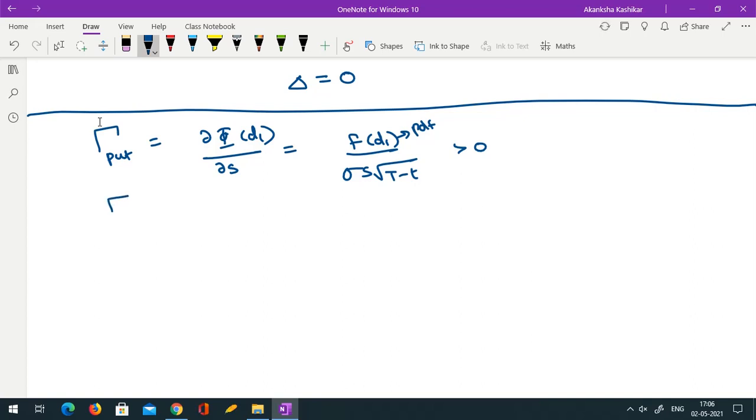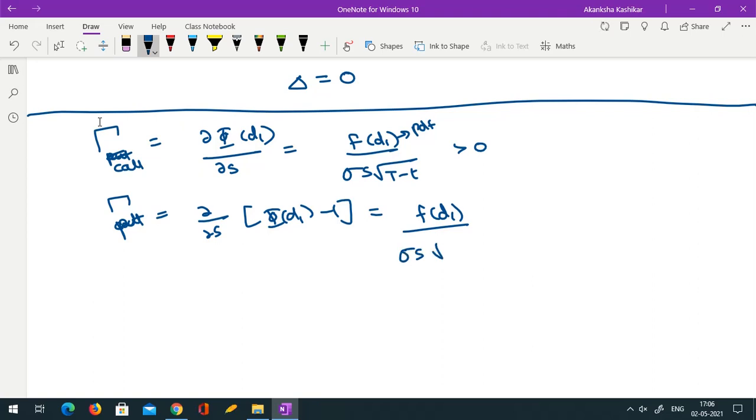And similarly gamma for put would be ∂/∂s of phi of d1 minus 1, because this was my delta. So this would be the same, f of d1 upon sigma s root T minus t. So gamma for call and gamma for put are actually one and the same, and they both are positive.